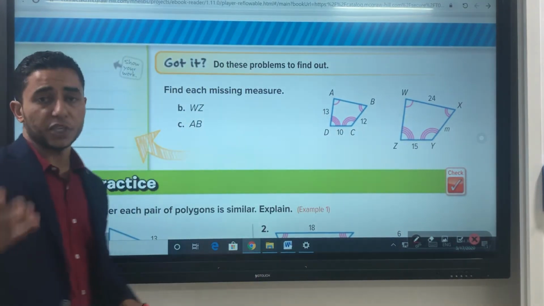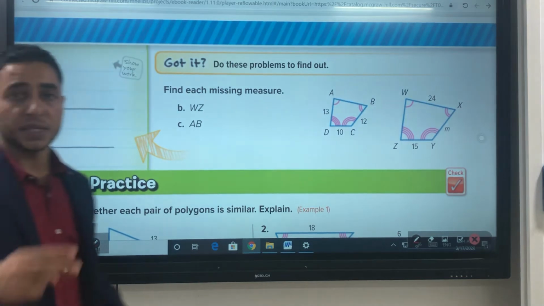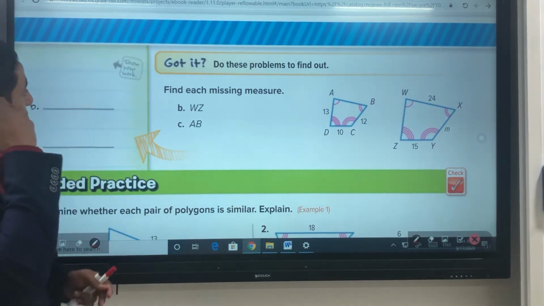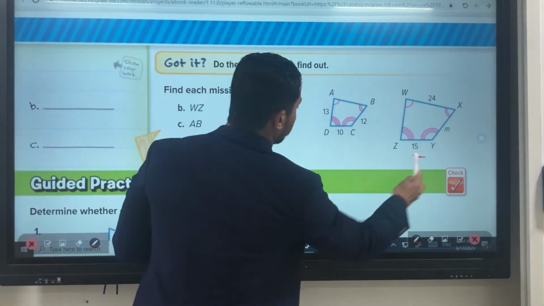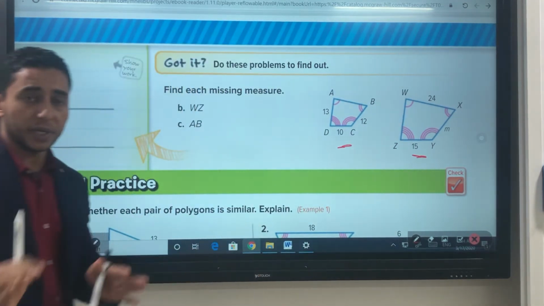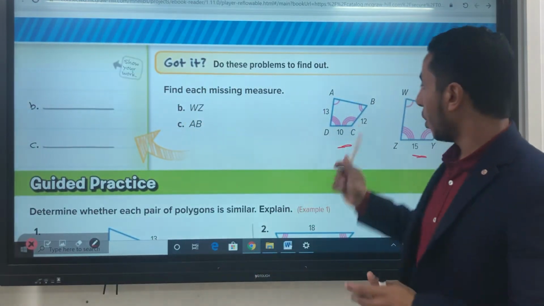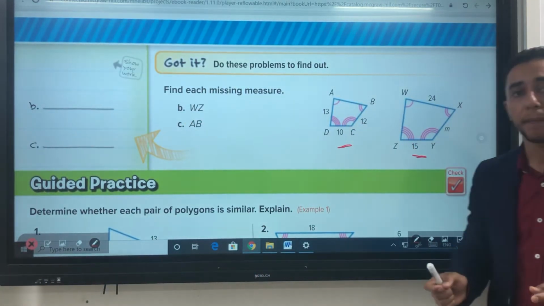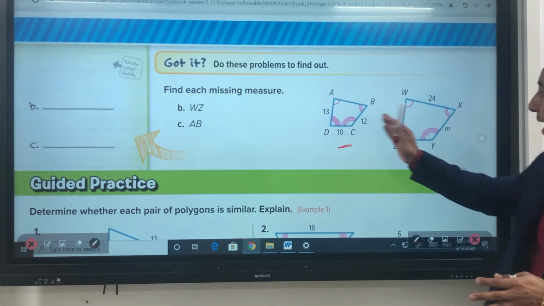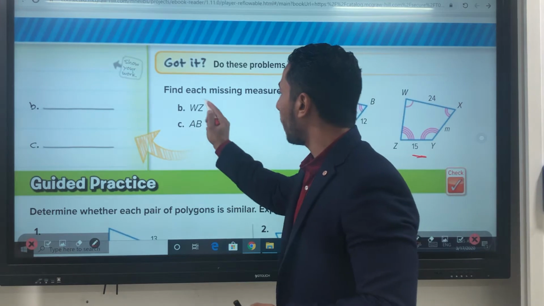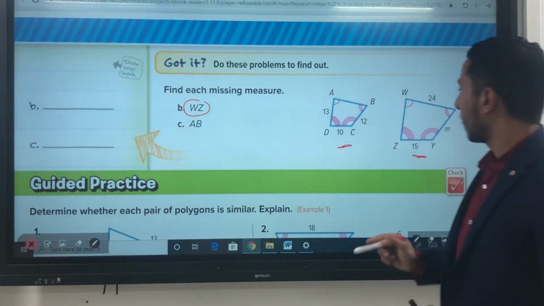So I give you permission now to use the two conditions. Here all angles are congruent. Corresponding angles are congruent. Okay, but now the question: find WZ.